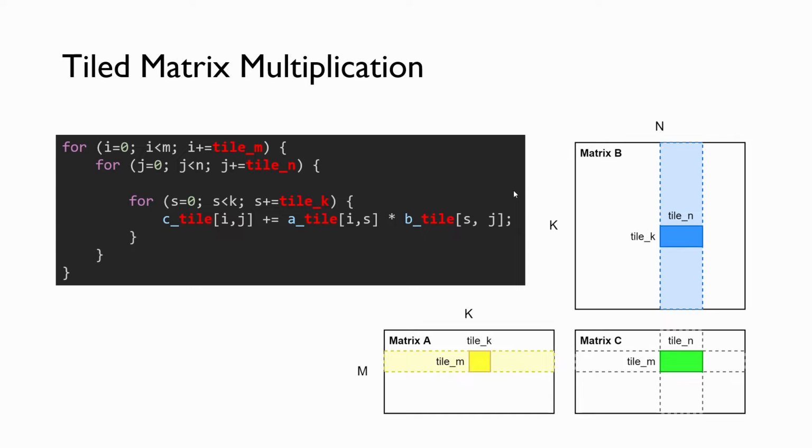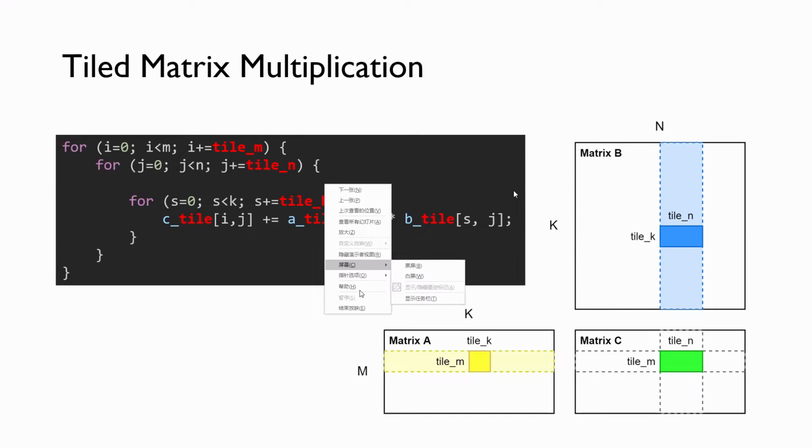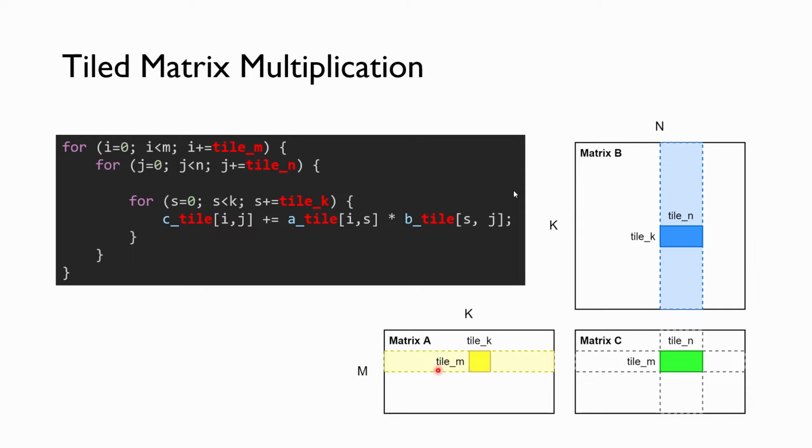The tiled matrix multiplication algorithm partitions the large-scale matrices A and B into small-scale submatrices, also named tiles, and iteratively computes tile matrix multiplication in 3 levels or loops. We use tile M, tile N, and tile K to describe the tile shapes.